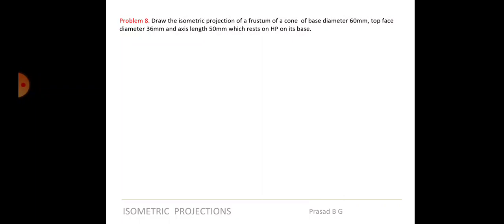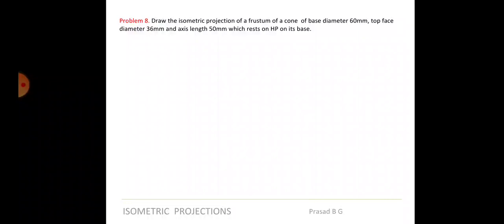I just explained a hexagonal prism, isn't it? Base is also same, top is also same. So you draw the base first, and then take the projections from there and get the top face. But when it is a frustum, it is not like that. Why? Because the top face will be smaller than the base, so you cannot directly project it up. You will have to draw it one more time. So that is what you mean by frustum.